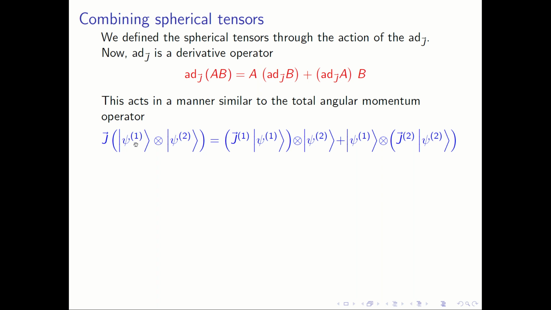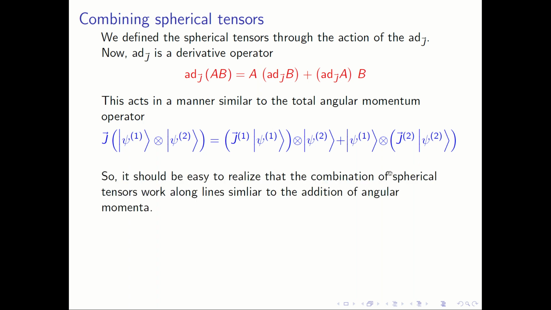Remember, we said that J is J1 plus J2, but we meant J1 cross I2 plus I1 cross J2, and that means there will be one term in which the angular momentum operator acts on psi1 with psi2 left intact, another term with psi1 left intact and J2 acting on psi2. With this, you can just think about it a bit, and you should be able to figure out that the way in which combination of spherical tensors works is very much the way in which addition of angular momentum works.